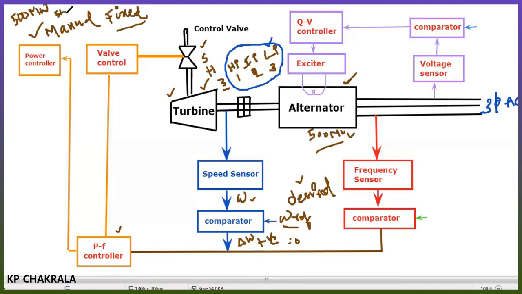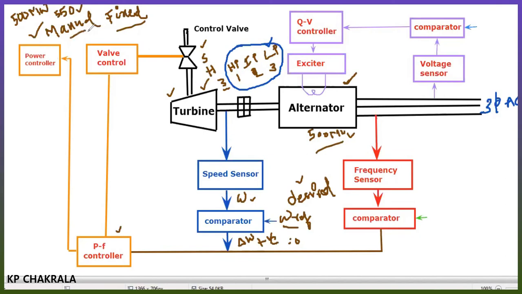The system may or may not require this 550, but intentionally you want to generate extra power, or if you want to generate a fixed amount of power, then you can use the power controller, and it is a manual control.